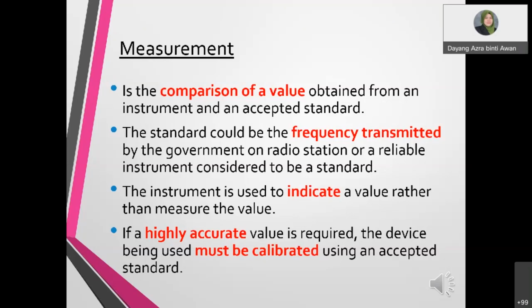Okay, for example, if you want to calculate the current, you need to know its value in amperes. For the voltage, you have your volt value, and for the resistance, you have your ohm value, everything. So we need to have a specific standard in all the calculations for us to be able to follow. The standard could be the frequency transmitted by the government on a radio station, or a reliable instrument.